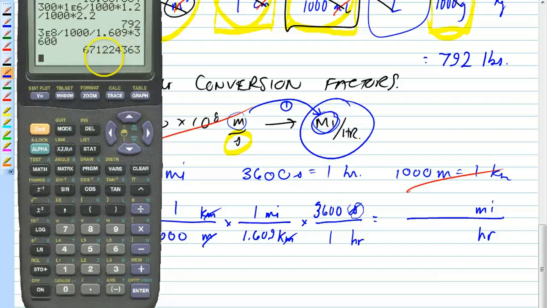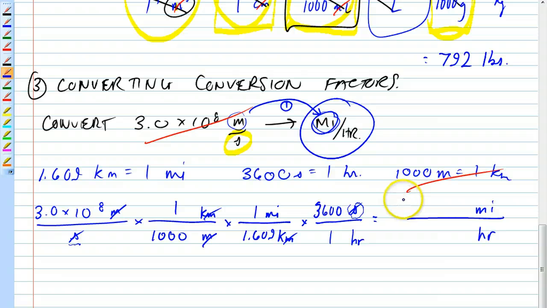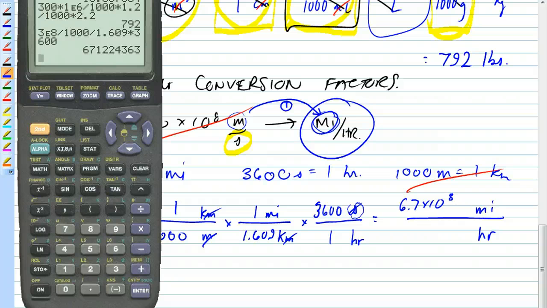Let's say 671 million. And I've got what, 2 sig figs, so 6.7 times 10 to the 8th. 670 million miles per hour.